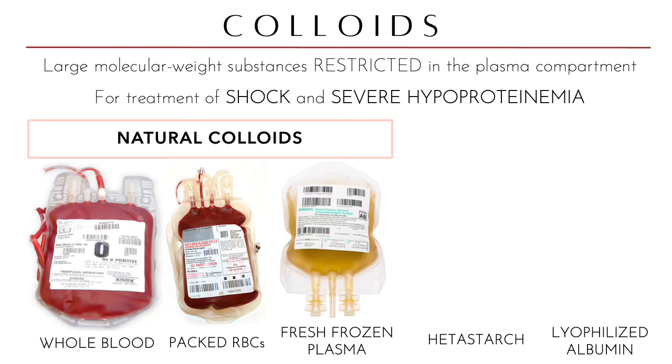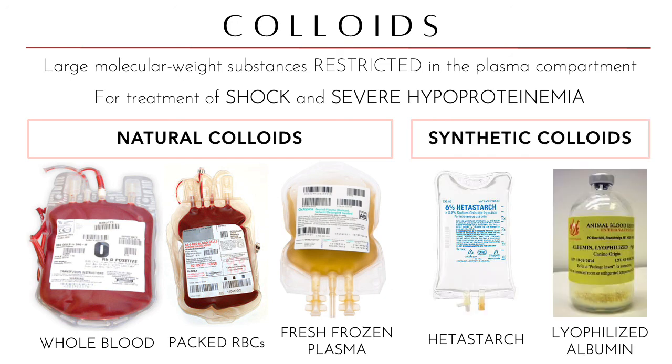You have the natural colloids, which are whole blood, packed red blood cells, and fresh frozen plasma. This is discussed in part 3 of module 3. And of course, we have the synthetic colloids.